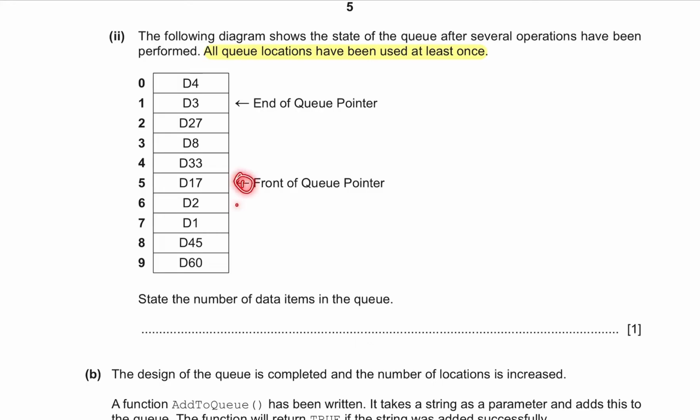Starts here 1, 2. It starts from here. This is the first item which was added. So 1, 2, 3, 4, 5, 6, 7. 7 because this is the last item. So 7 items. Okay.